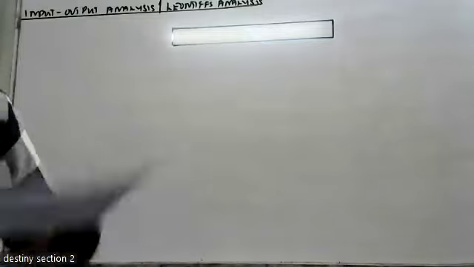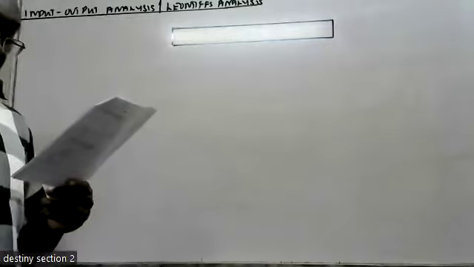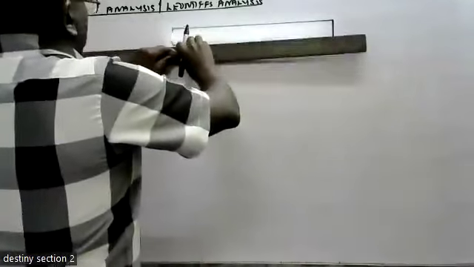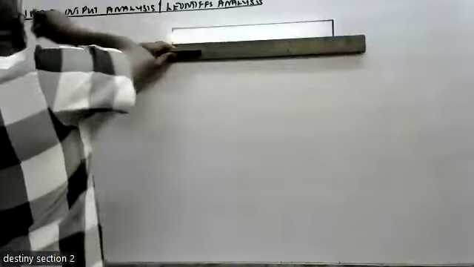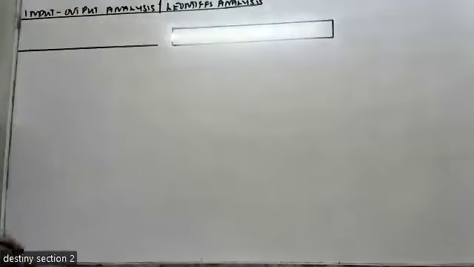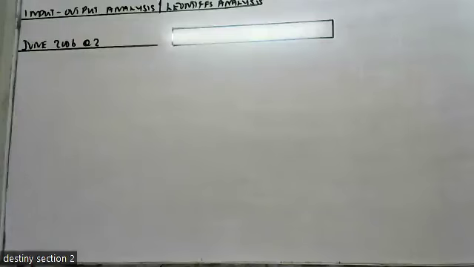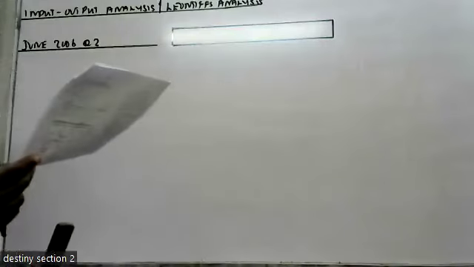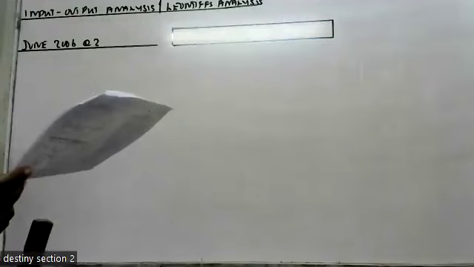Now, I want to go to question number 1 of June 2006, question number 2. The question says that an economy consists of 3 sectors whose flow of inputs and outputs is as follows.